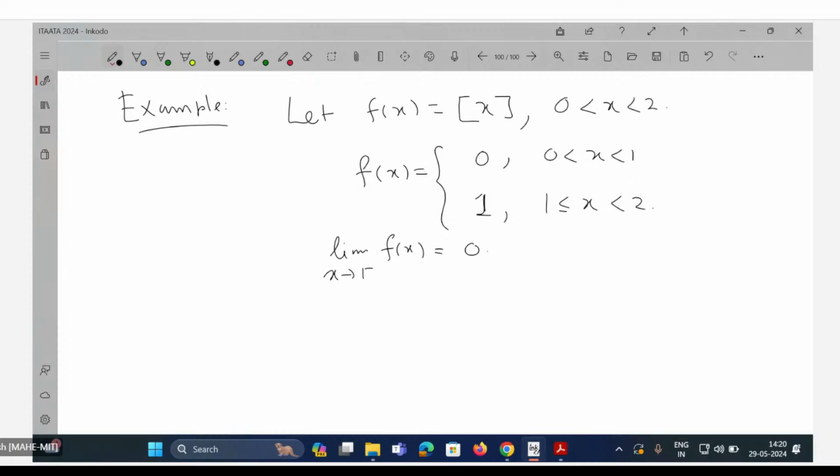And limit x tends to 1 plus, f(x) will be 1 because now x is greater than 1. So you can see that left hand limit and right hand limit are different. So obviously this function has a jump discontinuity and they exist finitely. So x equals 1 is a point of jump discontinuity.